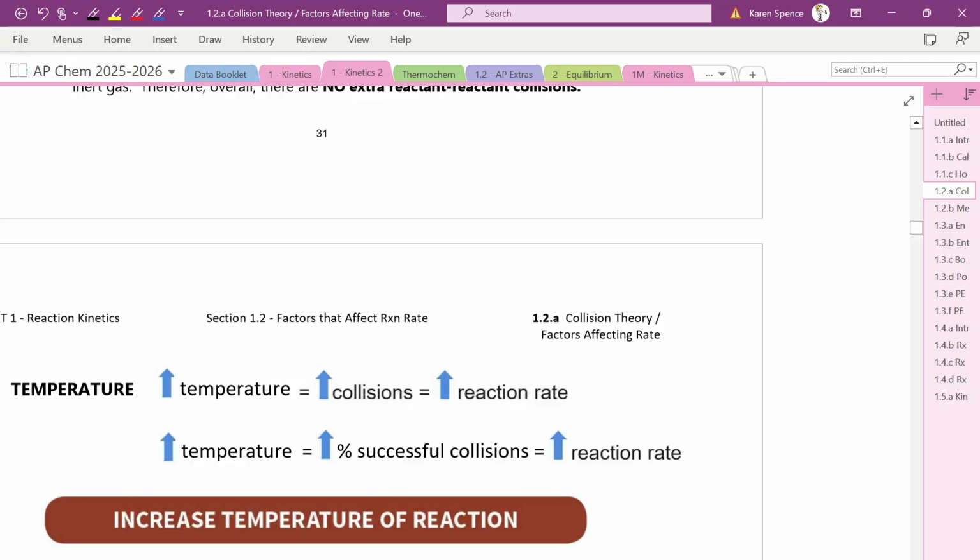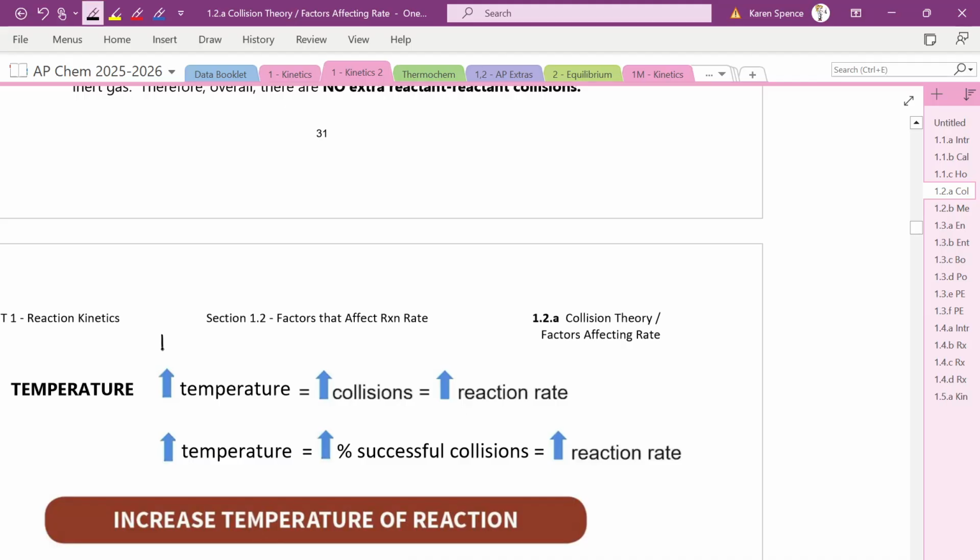Temperature is the fun one. Up until now, we've been asking: concentration, do I get any extra energy? No. If I change the pressure, do I get any extra energy? No. Temperature, do I get any extra energy? Yes.